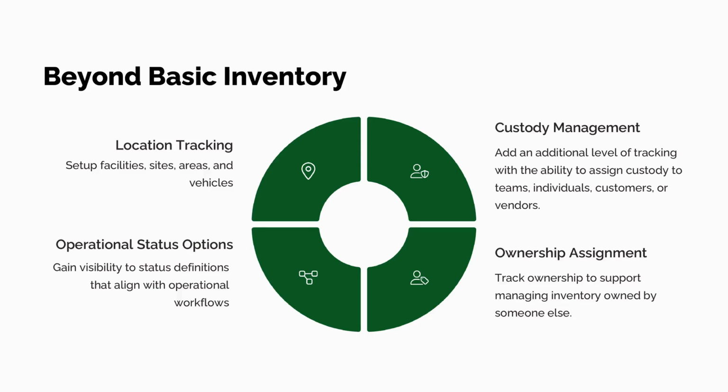We went beyond location by adding the ability to manage both custody and ownership, eliminating the need for complex or impractical workarounds. This also gave us the flexibility to track assets alongside inventory, using the same system and structure for a unified, consistent approach.